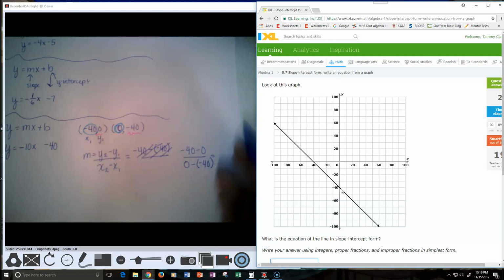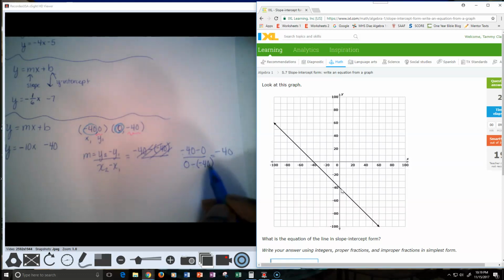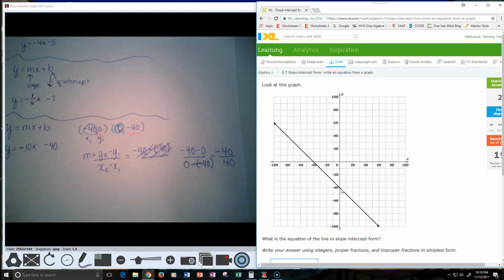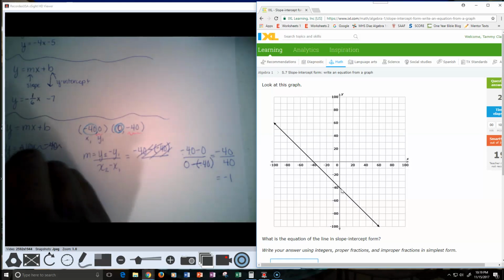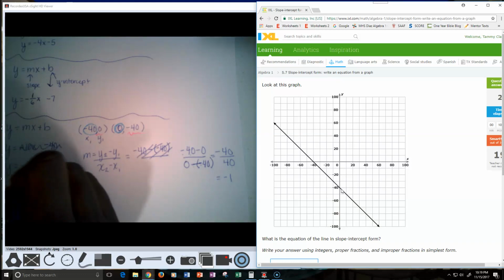So negative 40 minus 0 is negative 40. 0 minus negative 40 means plus 40, because I want you to think about English, how you have a double negative, and that really means that it's positive. So if we do negative 40 divided by 40, we actually get negative 1. So our equation should be y is equal to negative 1x minus 40.